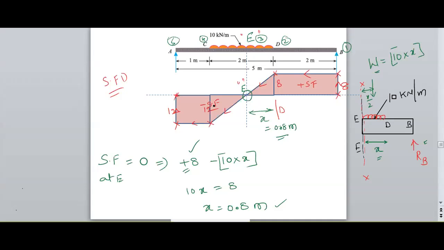So I need to find out the bending moments at 5 different points.